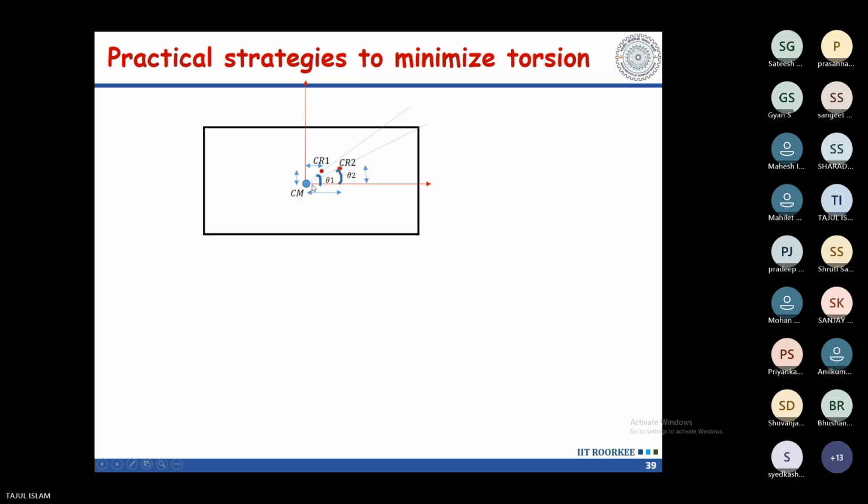Then let's say I have done some improvement. There will be no significant change in the center of mass, although there will be little changes, because the maximum mass comes from the floor loads, self weight of slabs, live loads applied on the floor, and wall loads.